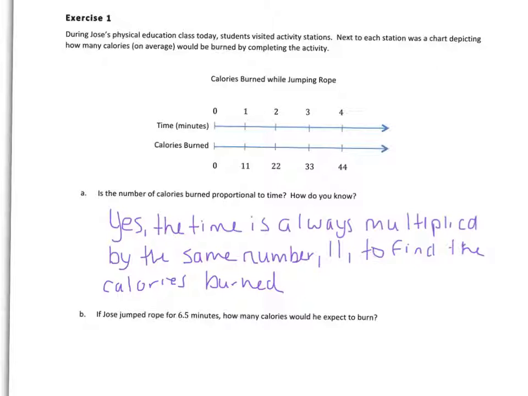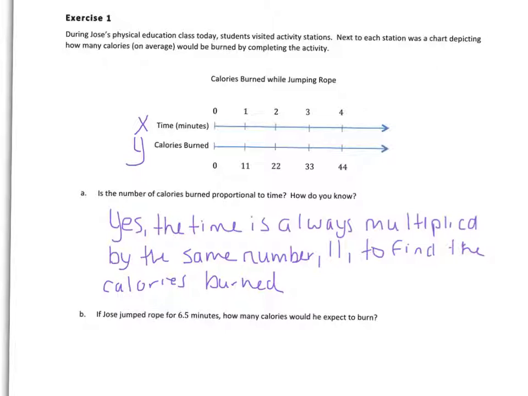All right, what did you come up with? Remember, if it's proportional, you're going to have this 0, 0 relationship here, but you need to be able to multiply the x, because remember, your independent is x, your dependent is y. So you need to multiply that independent variable, because calories depend on time, by the same number.